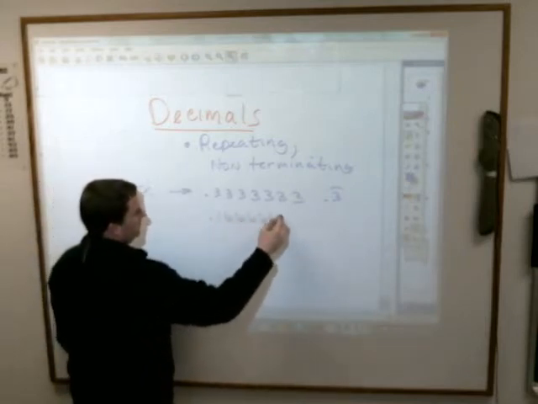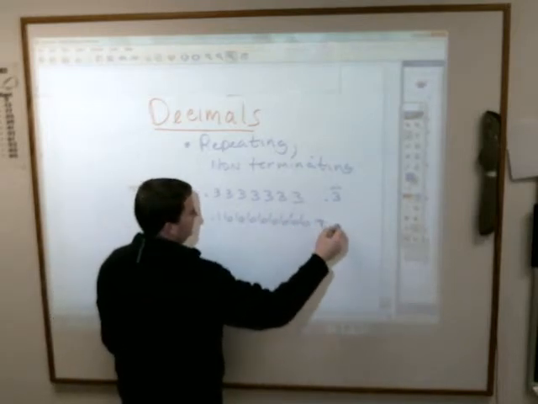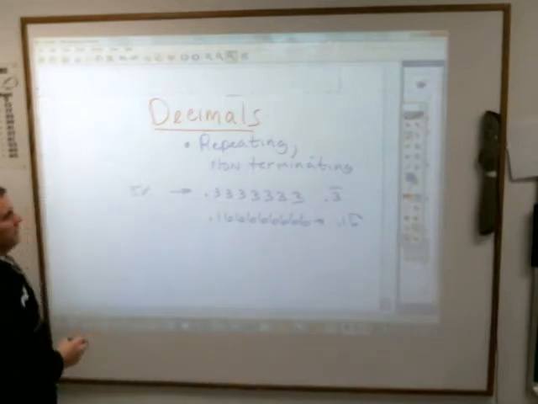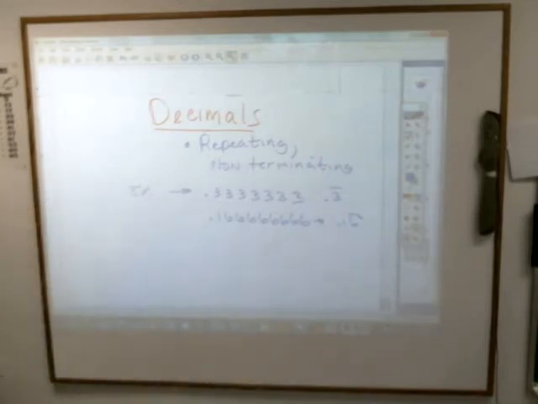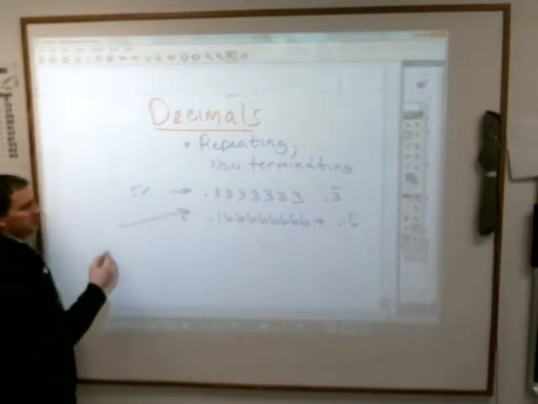Okay, those sixes are going to keep going on forever and ever, and they will never stop, but we just write that as 0.16 with a line over the 6. The deal with repeating, non-terminating decimals is that they always have come from some fraction somewhere. Okay? They can be simplified or changed into a fraction.